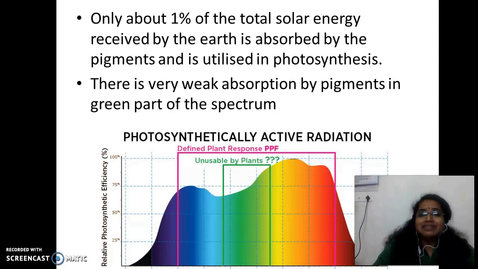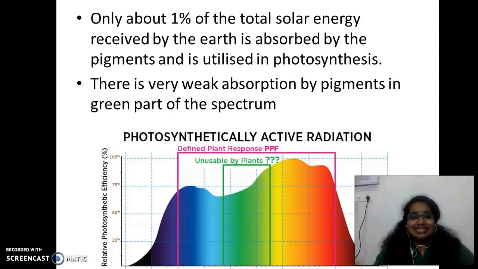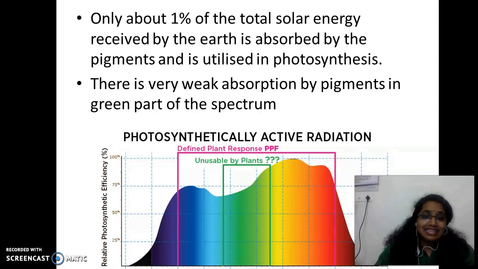Only 1% of the total solar energy received by the earth is absorbed by pigments and utilized for photosynthesis. There is very weak absorption by pigments in the green part of the spectrum. Hence, the chloroplasts appear green in plants.